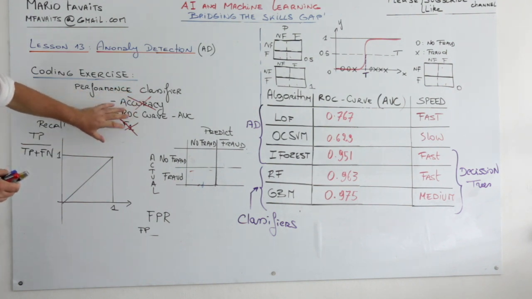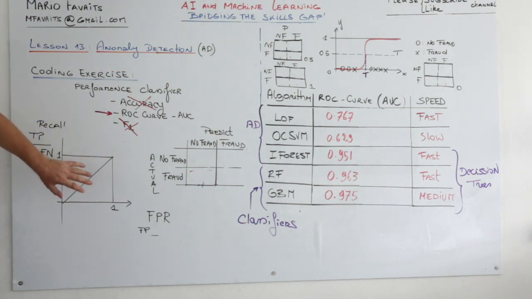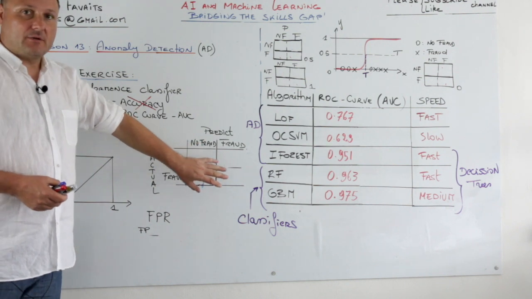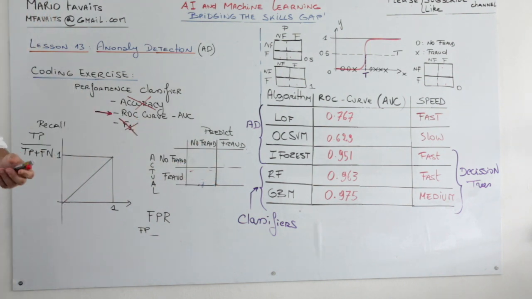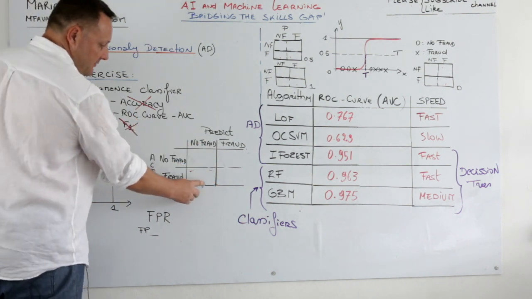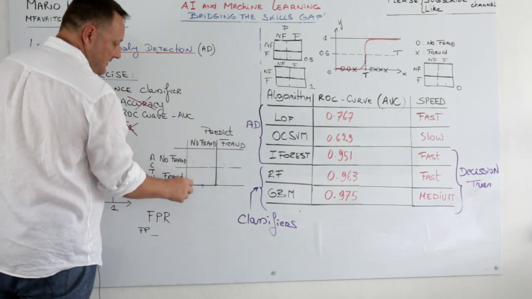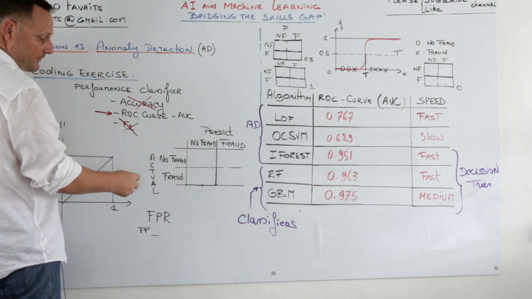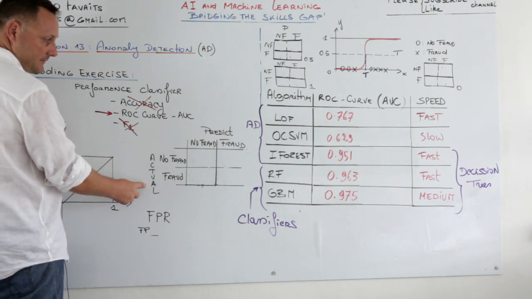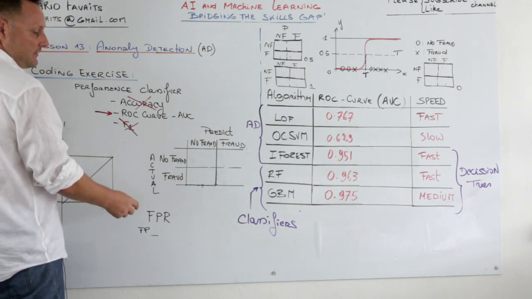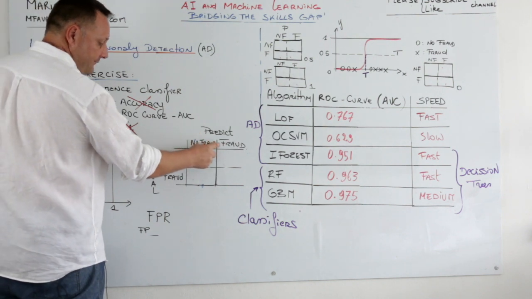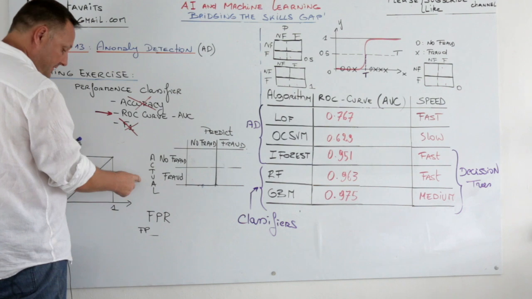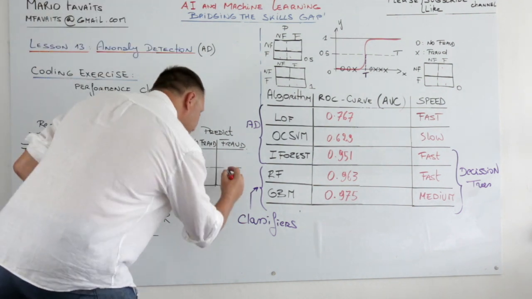In order to come to the ROC curve, which we will draw here, I need to explain again what a confusion matrix is. A confusion matrix is a matrix where you have on top the predicted result versus the actual result. For example, if I predict fraud and the transaction is actually fraudulent, then I have a true positive.